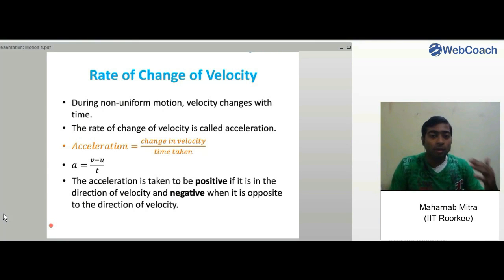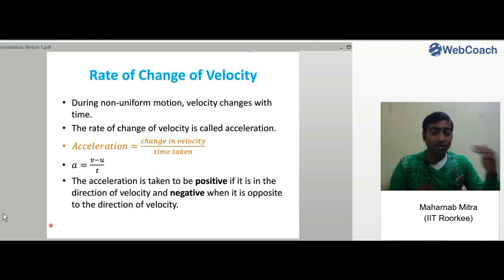Like when I am speeding up or my velocity is going up, right, my final velocity will be more than my initial velocity, therefore my acceleration will be positive. But when I am slowing down the car, my final velocity will be less than my initial velocity, and that is why I am slowing down.